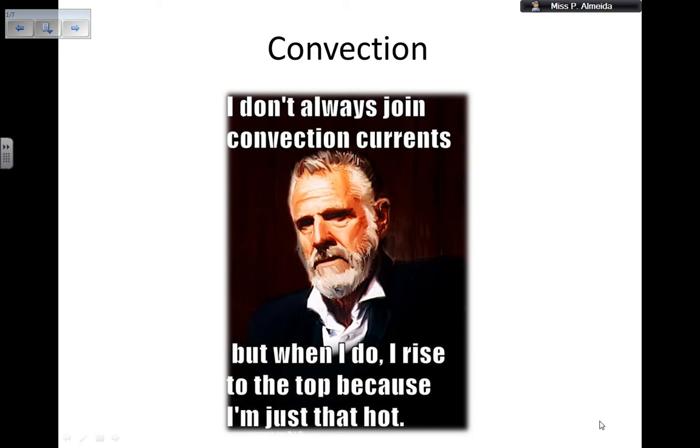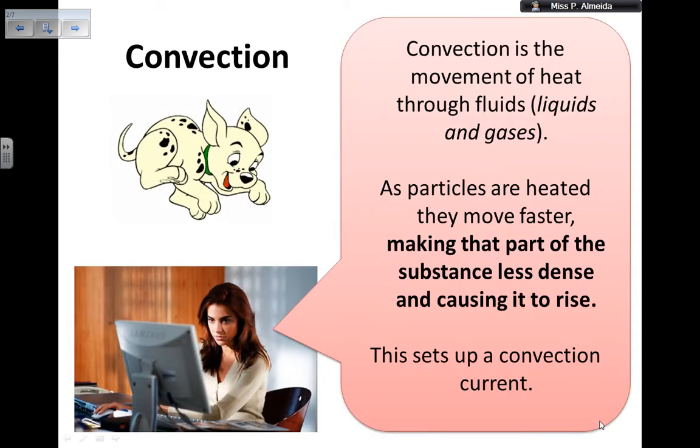So you already know that heat is transferred by conduction, convection, or radiation. Convection happens mostly in fluids. No, not like solids in conduction or electromagnetic waves like radiation. So convection, by definition, is the movement of heat through fluids, liquids and gases, or liquids or gases if you wish.